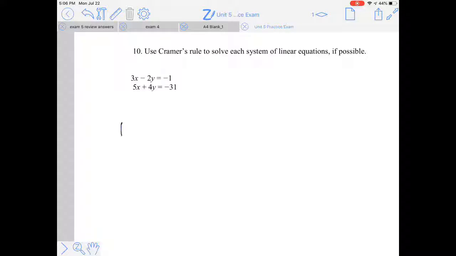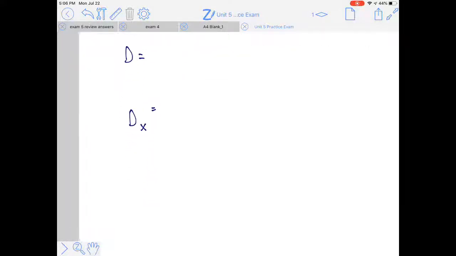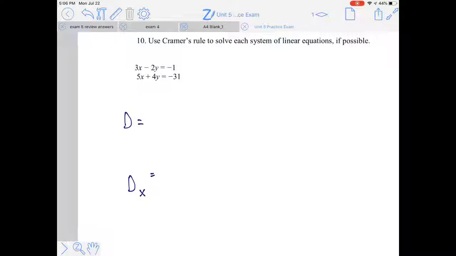So you're going to do three determinants, but each of these determinants is only going to be a 2x2 matrix.